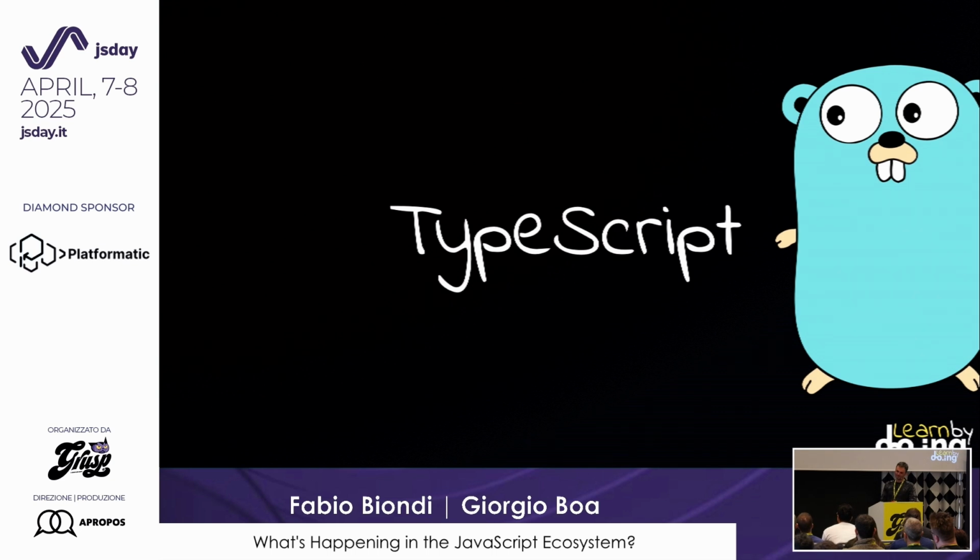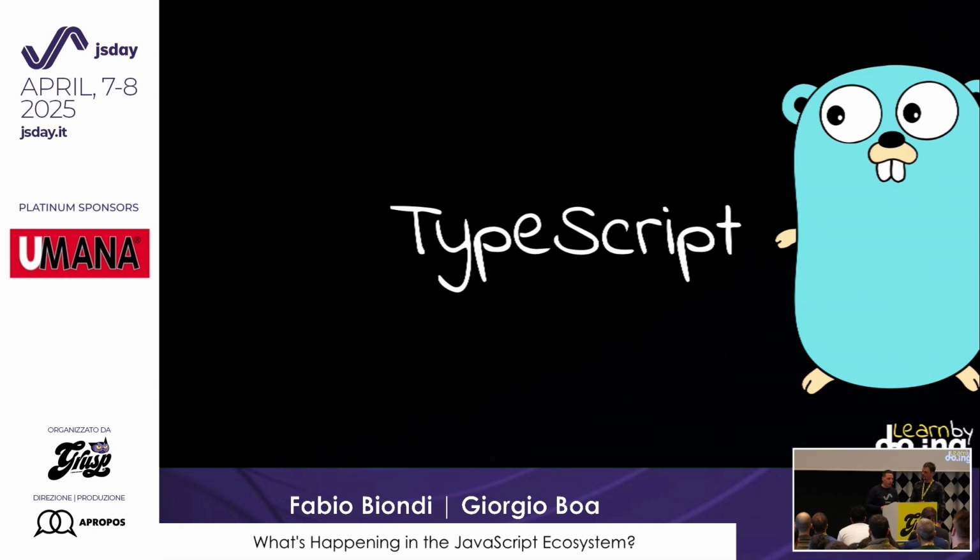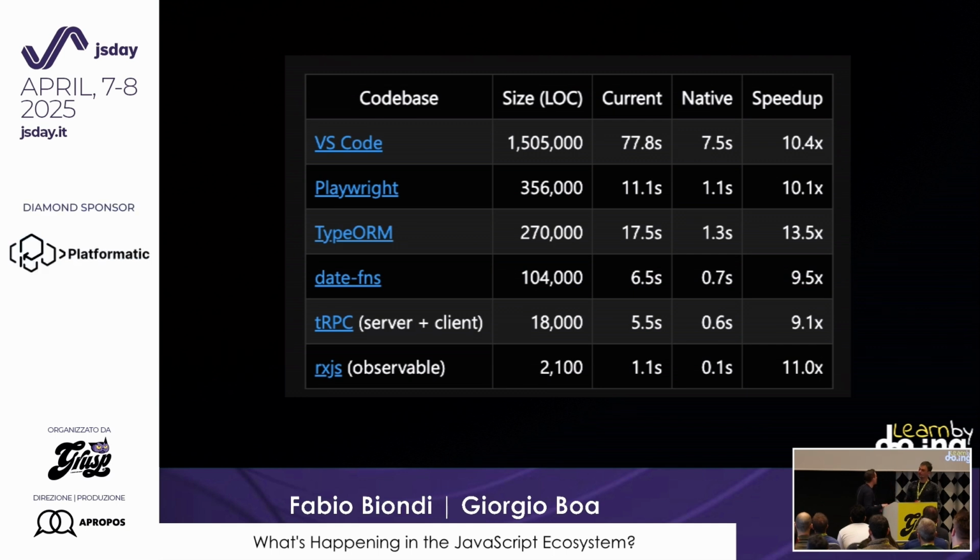Talking about TypeScript and Go, I would like to pitch the fact that Microsoft recently changed the build system, and in the new releases, we will have a build system on top of Go. Why Go? Because Microsoft decided to do a port one by one from TypeScript to Go. So in the end, Microsoft decided to share with the community this kind of timing, running the Go compiler against these repositories.